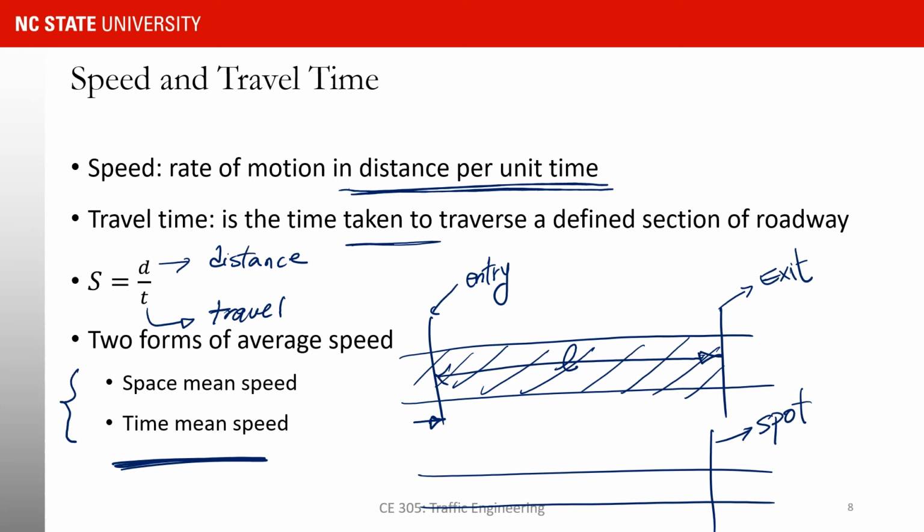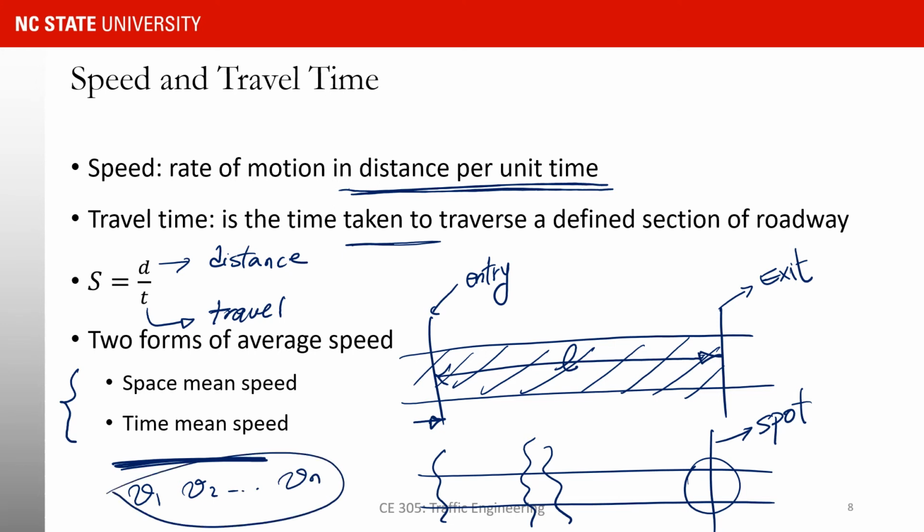So I don't know what their speed was here, here, here. I just have a radar gun and I measure their speed exactly here. So I measure speed 1, speed 2, speed n. So if you find the average of those that are measured at this one point, that gives you time mean speed. Let's move on and talk about these a little bit more.